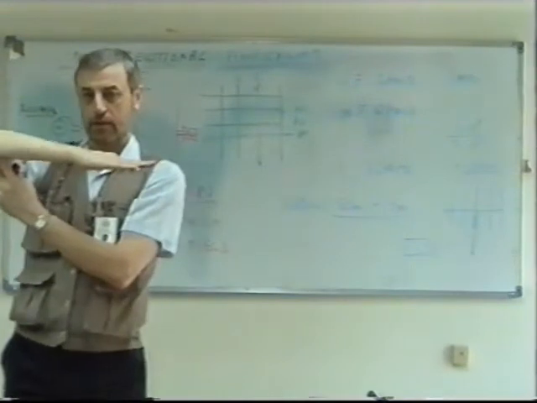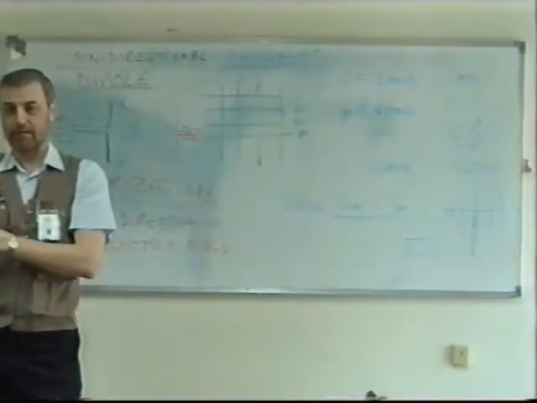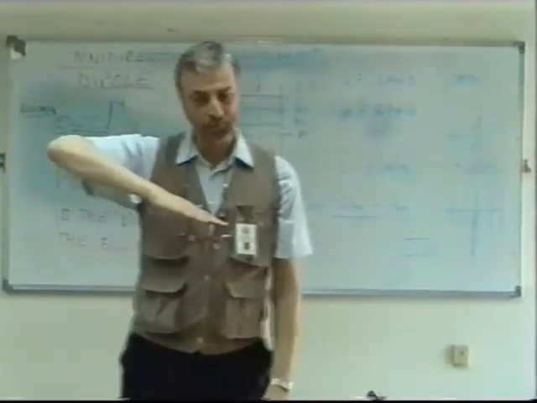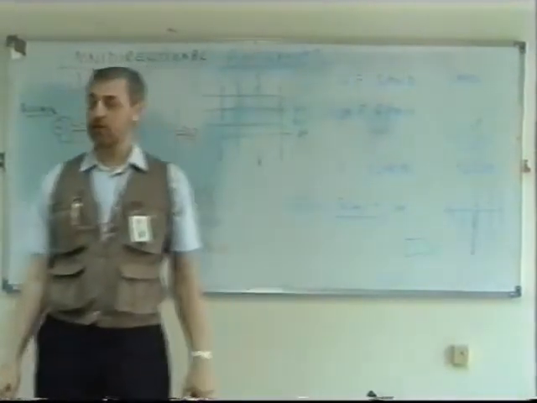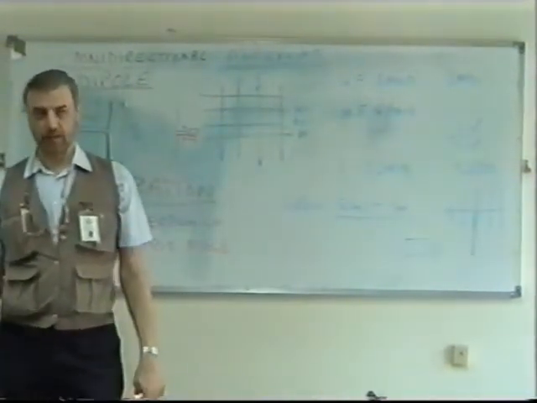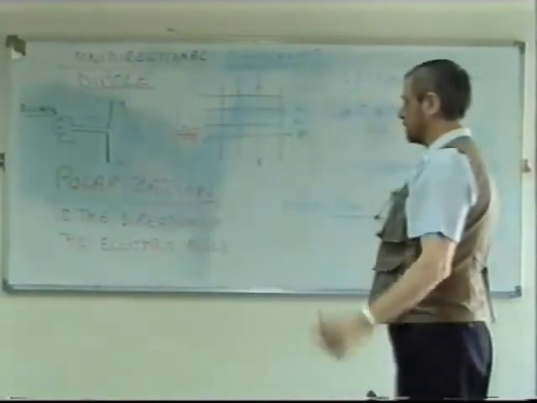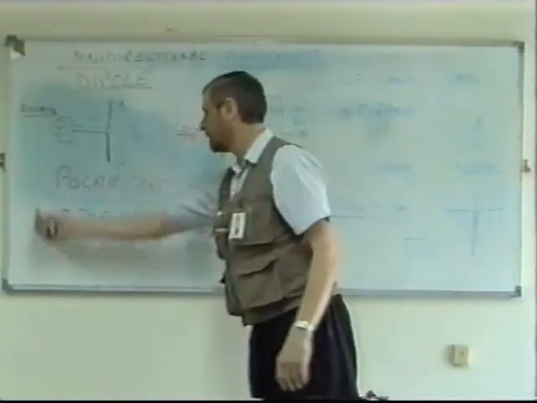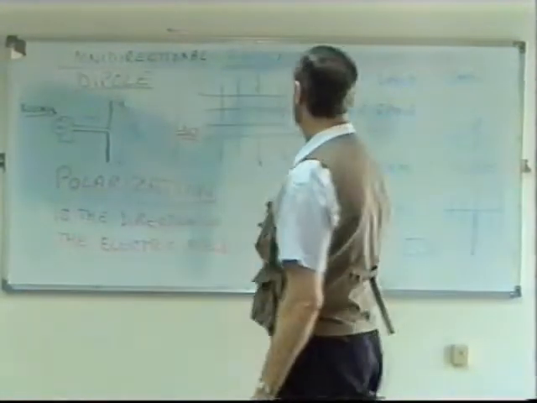It's important to make sure that your receiving antenna is the same polarization as your transmitting antenna. If it's different, then you're not going to receive the signal as well. In theory, you should receive no signal. In practice, you might pick up a little bit, for reasons which we'll talk about in a minute. But essentially, that's what polarization means. And you can either have vertical or horizontal polarization.